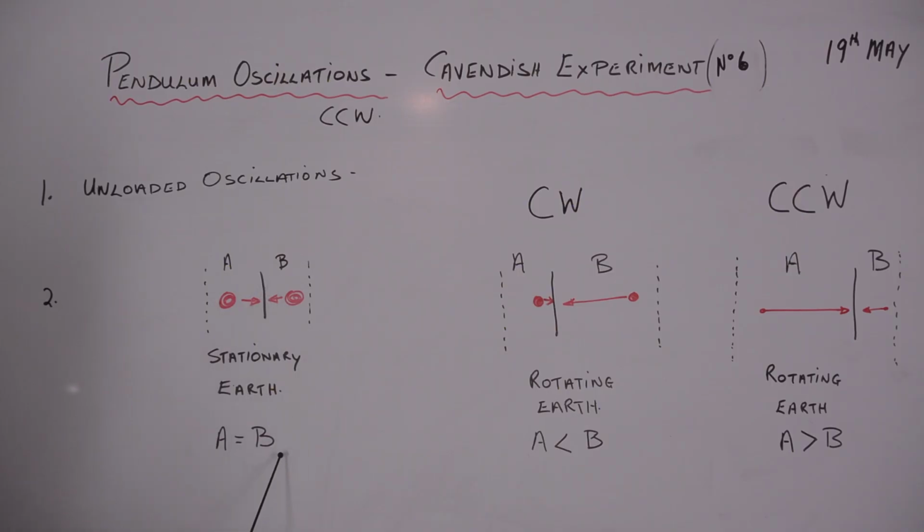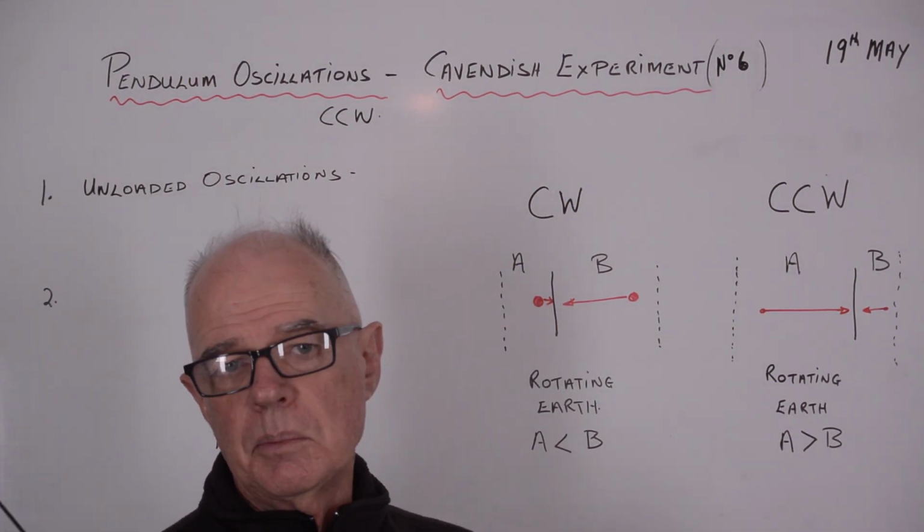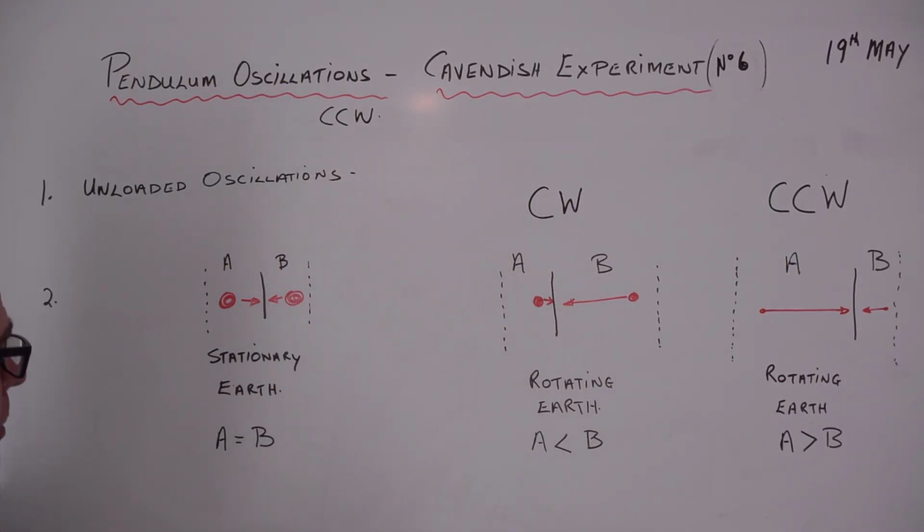A would equal B. On a clockwise, we would expect that A would be smaller than B. There'd be sort of more 1 step forward, 2 steps back. And we did notice that. We did see that in our last experiment.